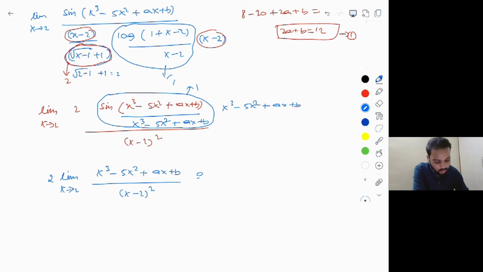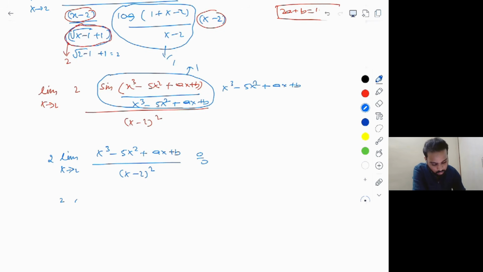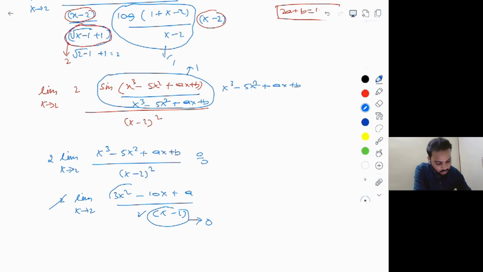Now since it is 0 by 0 form, try to use the L'Hopital rule, 2 into limit x tends to 2, which will be 3x square minus 10x plus a whole divided by 2 times of x minus 2. Okay. Now you don't need one more differentiation because once again here denominator tends to 0 very clearly as x tends to 2, which means obviously the numerator also must tend to 0.